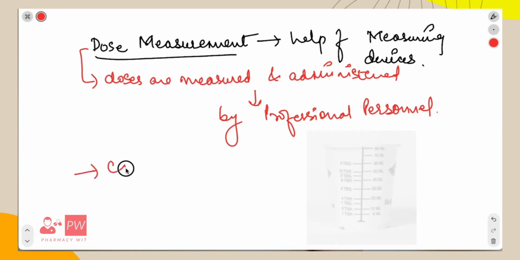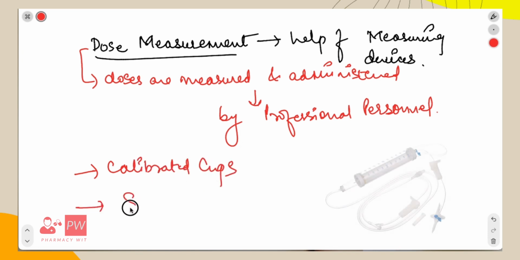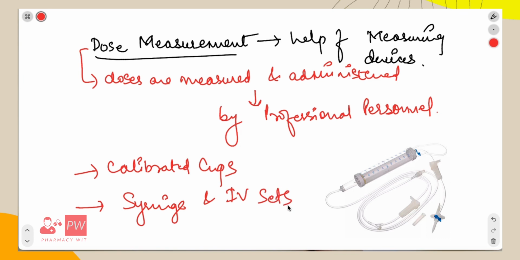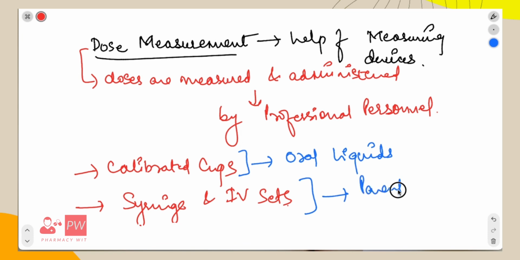It includes calibrated cups, syringes, and intravenous sets, IV sets. Calibrated cups are used to measure oral liquids, and syringes and IV sets are for parenteral medications.